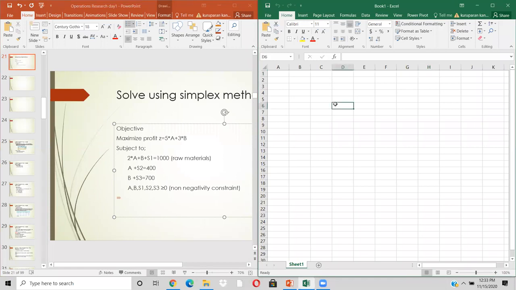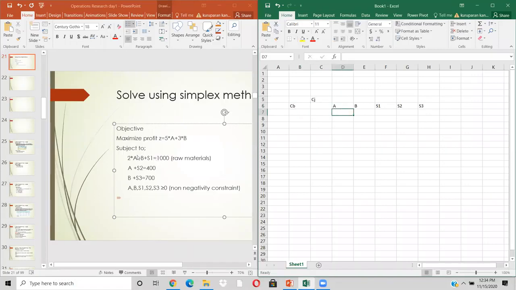First write the variables which are here: A, the next variable is B, next is S1, S2, and S3. Here write Cj. Here we will put CB.